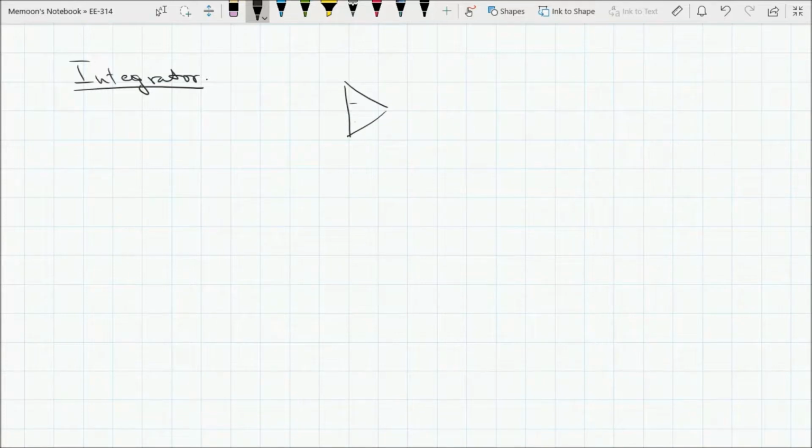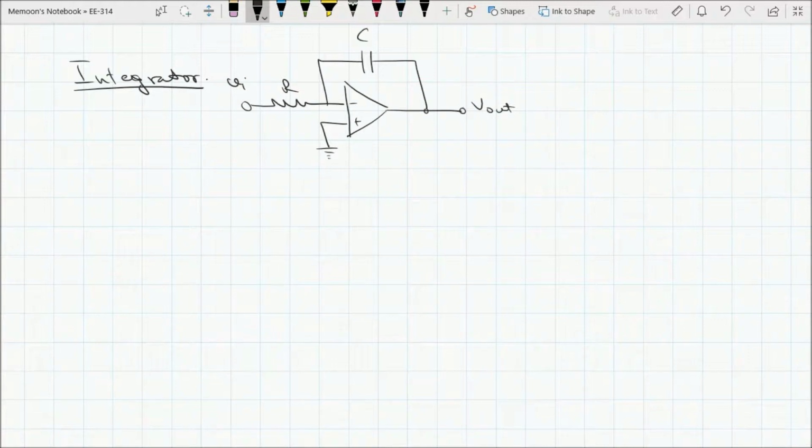Let's draw the circuit, which is basically an inverting integrator, where we have the input at our inverting terminal, and instead of the feedback resistor, we have a feedback capacitor, and the other things are the same. So this is our VI, V out, and the positive terminal is ground. This is R and this is C.